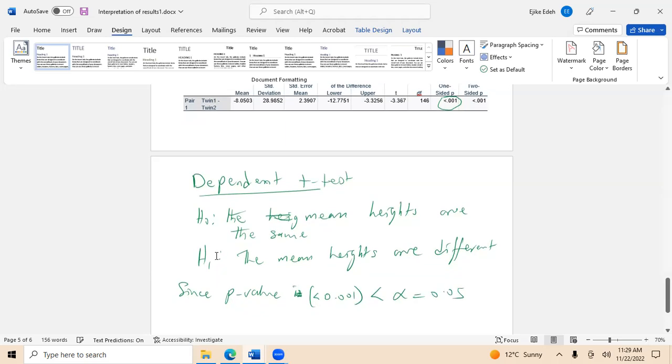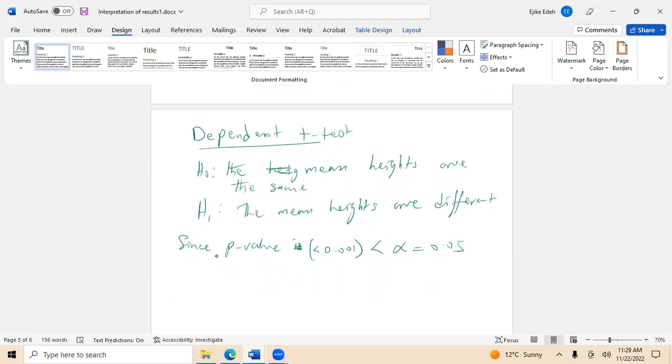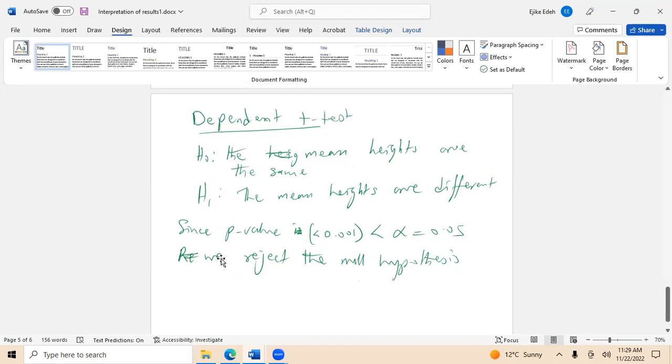Just as before, do we reject or fail to reject? We reject. We reject the null hypothesis. And as before, we conclude in support of the alternative.